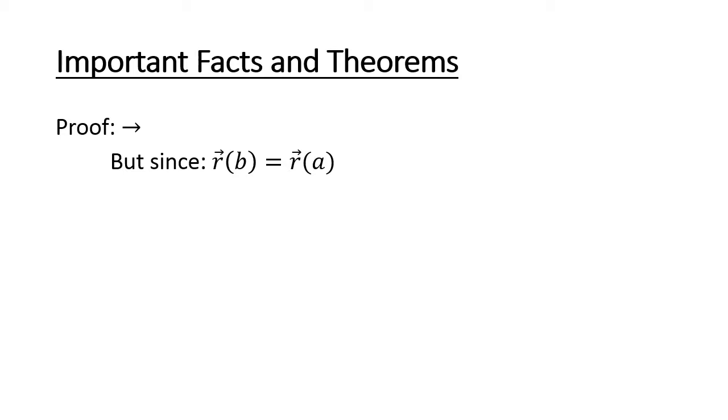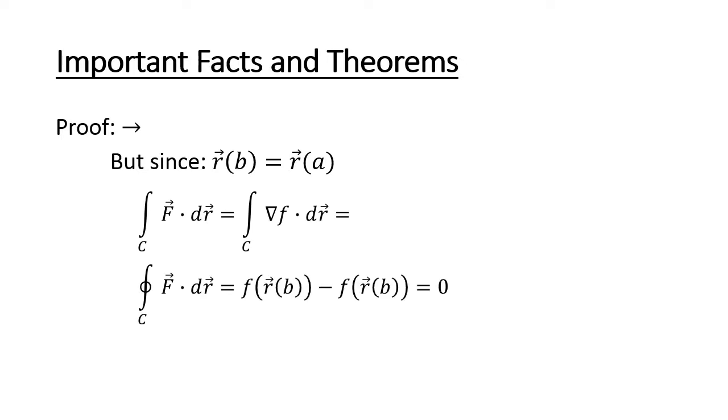Because we defined our path to be closed, which means r of b equals r of a, when we actually do this line integral, we know it's a closed path. So again, I can use my new notation. Instead of just saying it's the line integral over C, I can say it's the line integral over a closed path C. We know that if it's independent of path, then F, my vector field, is equal to my gradient of f, right?